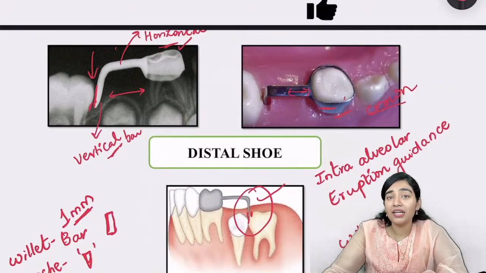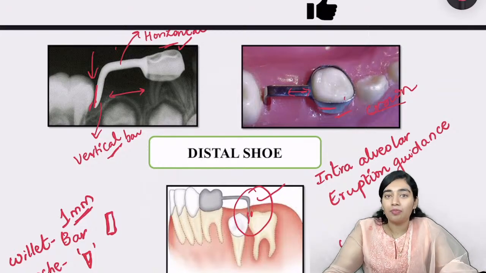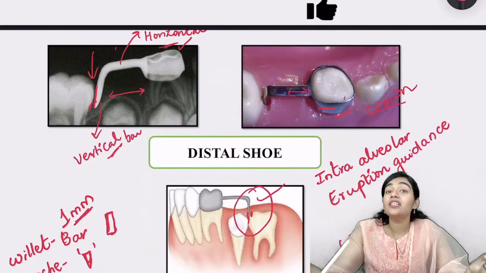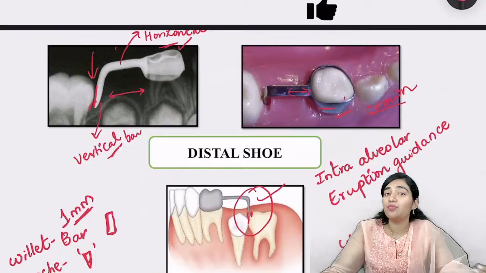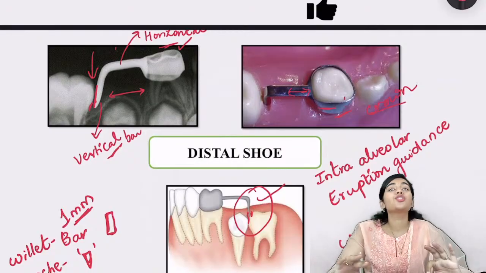So we have covered band and loop, lingual arch, Nance palatal arch, transpalatal arch, and distal shoe. So hope you all understood this. I know many of you know the names of these appliances, but it is very important to master the clinical rationale behind each appliance: in which case scenario we can use it, what modifications can be done to fit a particular case, and where it should or should not be given.